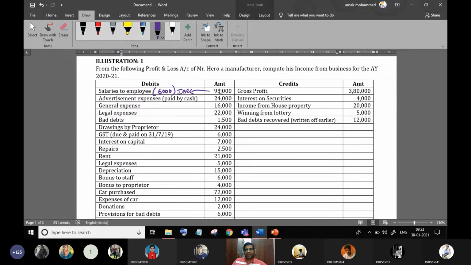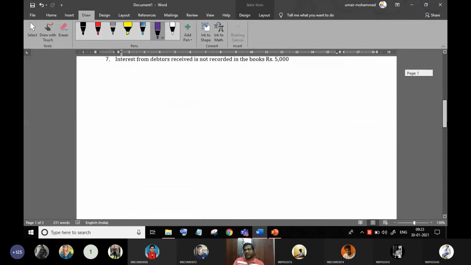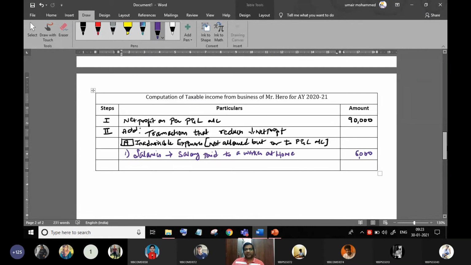There's a difference between an account payee cheque and a bearer cheque, which I don't think I need to explain, right? A bearer cheque is as good as cash. So since this is paid by cash and this has exceeded 10,000, the entire 24,000 becomes an inadmissible expense. The moment the payment receipt exceeds 10,000, 100% of such expense becomes inadmissible.